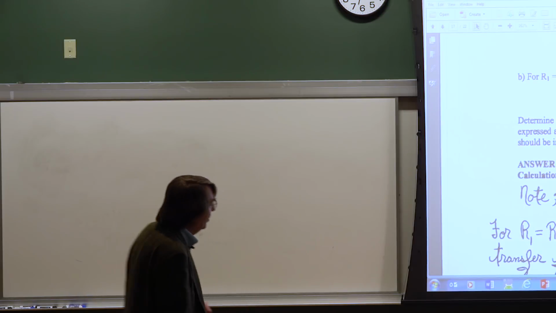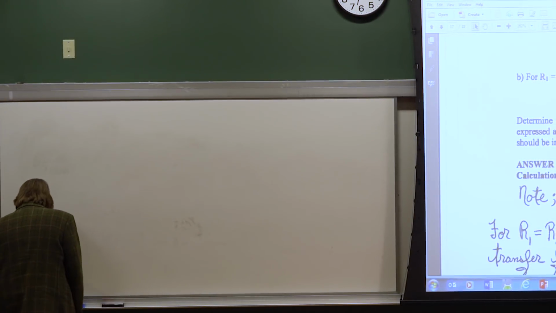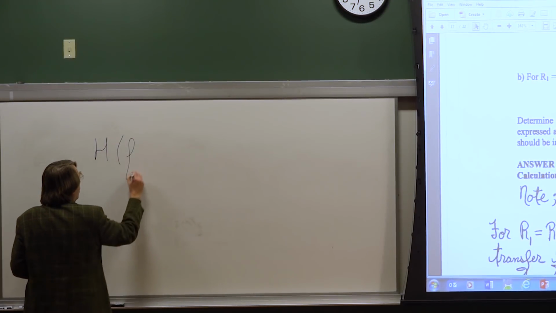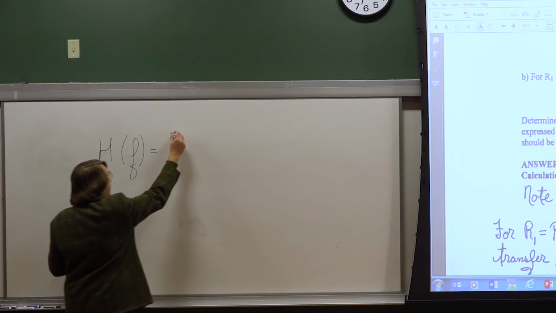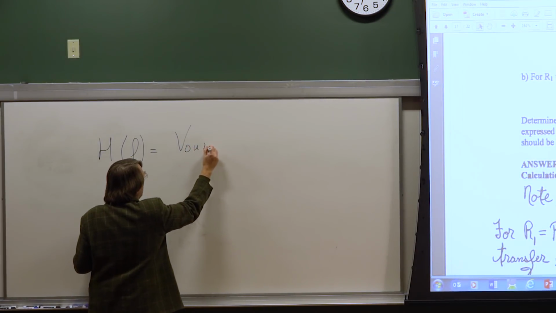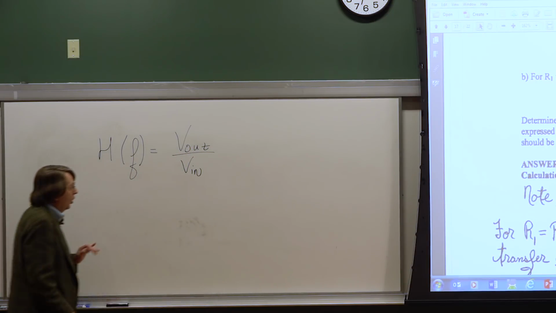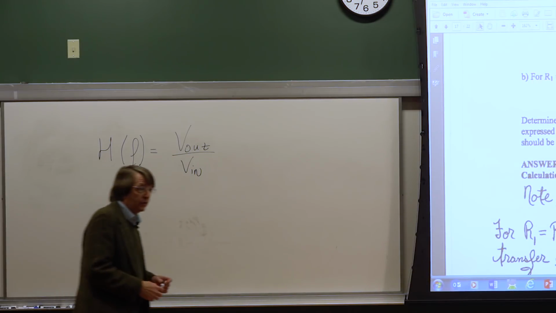All right? So now, the key theory here is that the transfer function, which is what we have just derived, is V out over V in. So V out becomes V in times the transfer function.